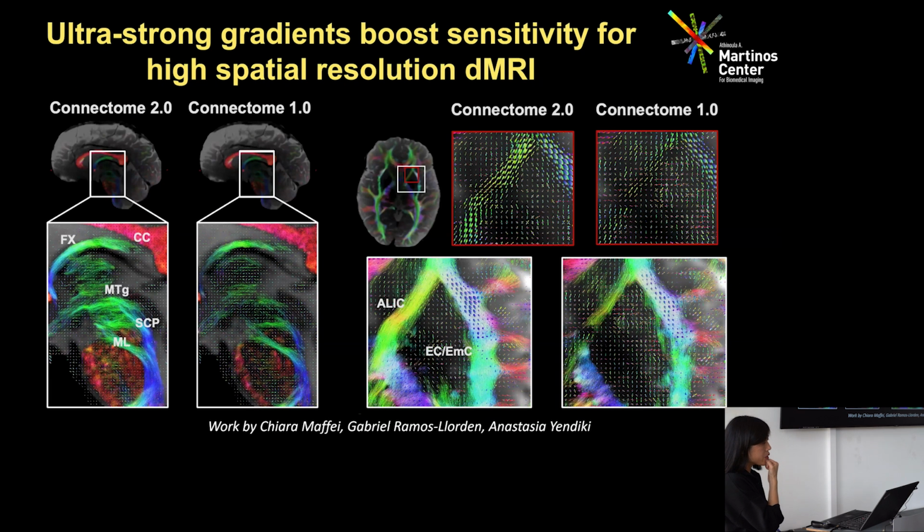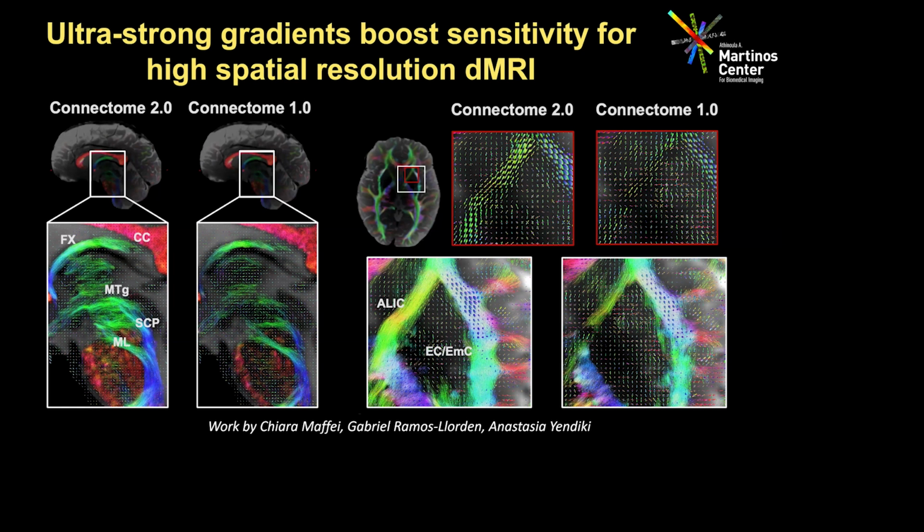We've also used those strong gradients to demonstrate not just improved microstructure resolution, but improved spatial resolution for diffusion MRI. And these are really nice tractography results generated by Chiara Maffei and Gabriel Ramos-Jordan in our group, showing that with the connectome 2 gradient strengths, you can start to resolve very fine fiber tracts in the central brain, including the medial tegmental tract and the medial lemniscus, which previously was very difficult to see even on a connectome 1 protocol.